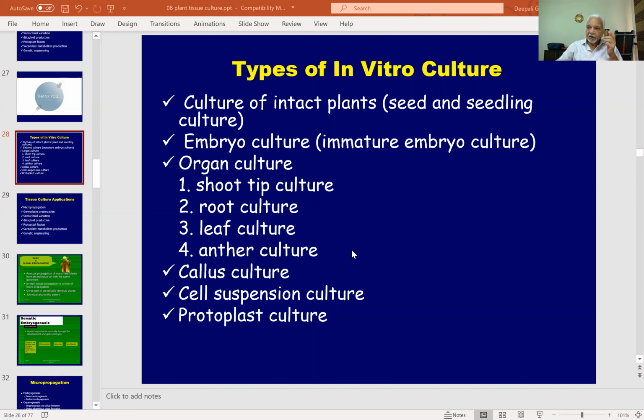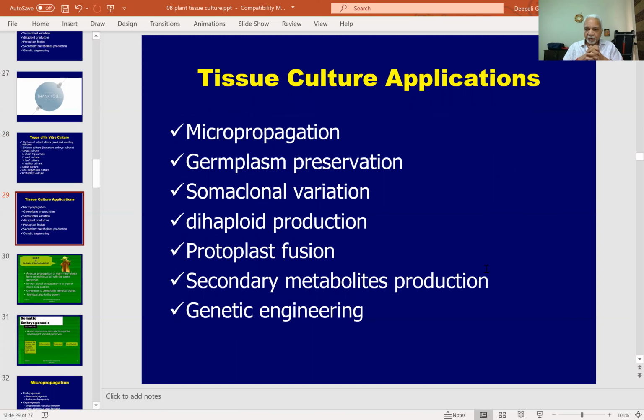And then I told you that there are many applications. These basic tissue culture techniques have been exploited for various applications in terms of manipulating or improving the plant quality.